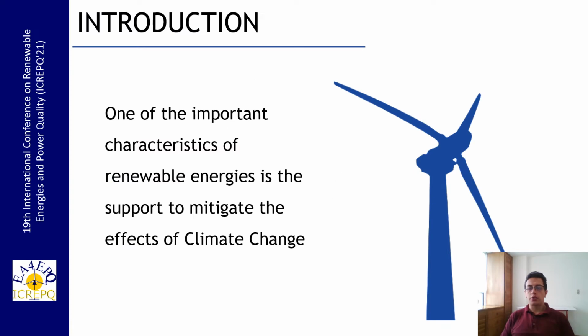So, in the introduction, one of the important characteristics of renewable energies is the support to mitigate the effects of climate change. It is known that there are fewer fossil fuels at every moment. On the other hand, in order to help renewable energies, it is vital to lower costs.